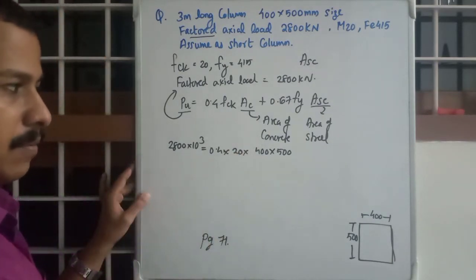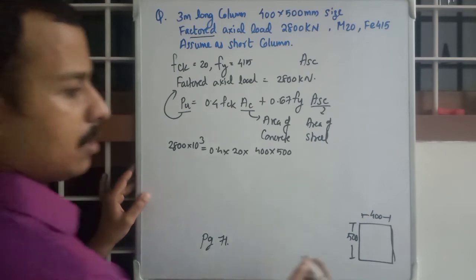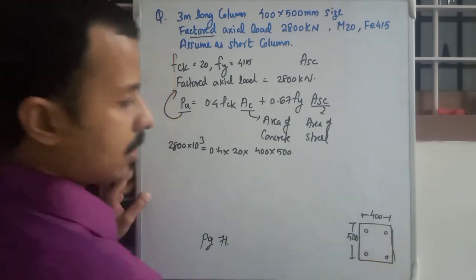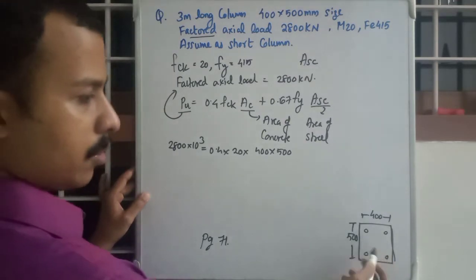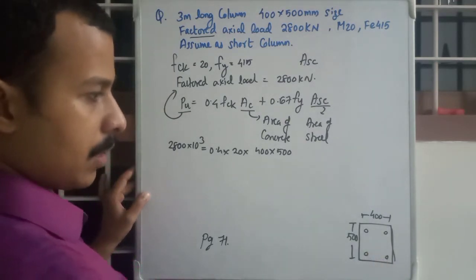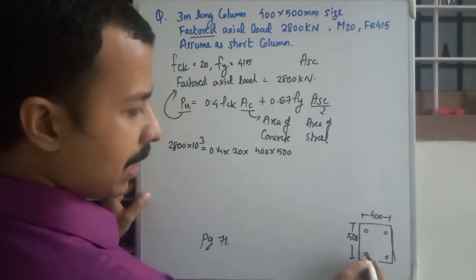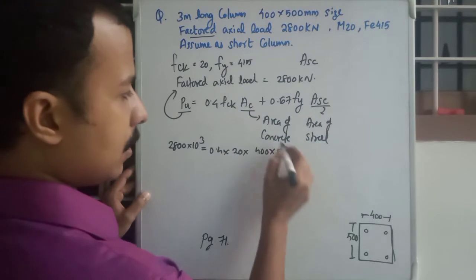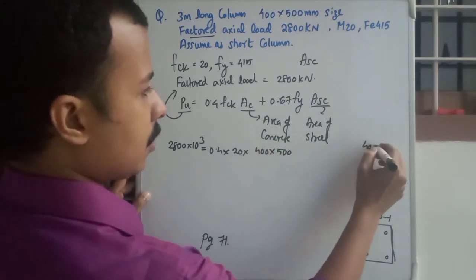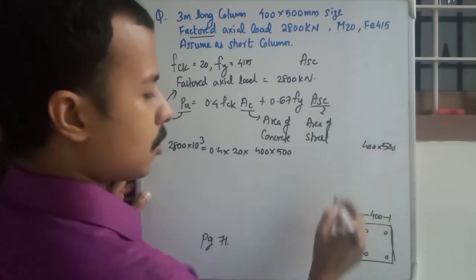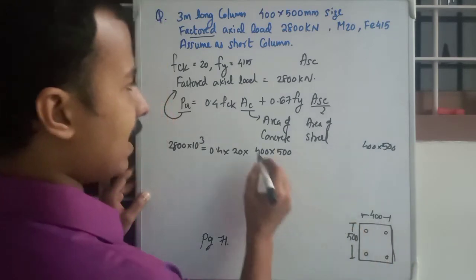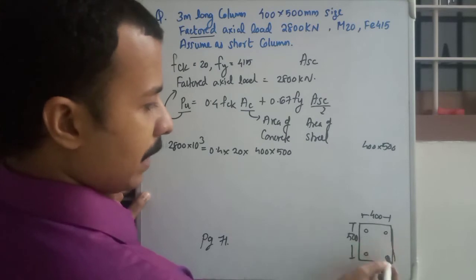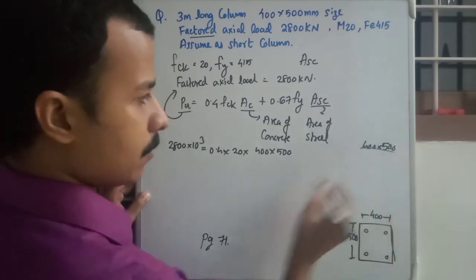There is an exception. What is the special case? There will be bars in here, right? If suppose there are 4 bars like this, you need to subtract the area Asc from this dimension 400 by 500. This is the total dimension. To get the area of concrete, you will need to subtract the area of Asc from this value, right?